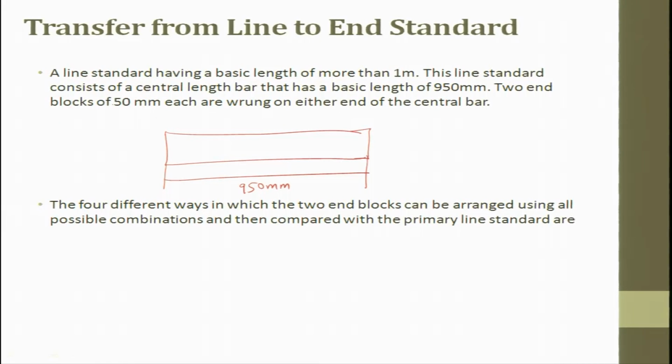Both end blocks of 50 millimeter each are wrung on either side of the center bar. So, this is the center bar, and on either side we are wringing 2 blocks. So, now this is 950 millimeter, the central length bar.